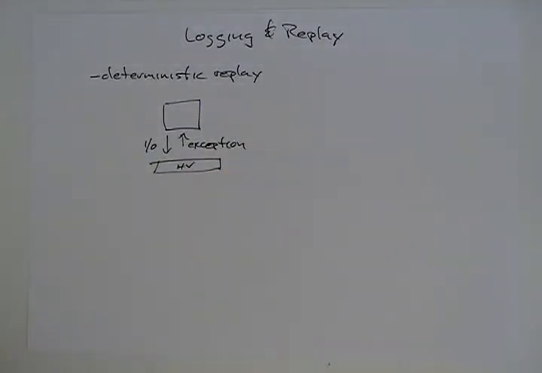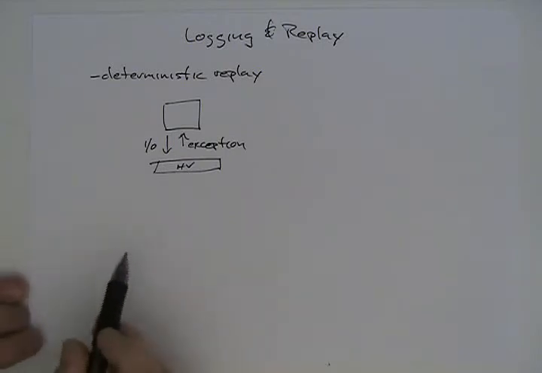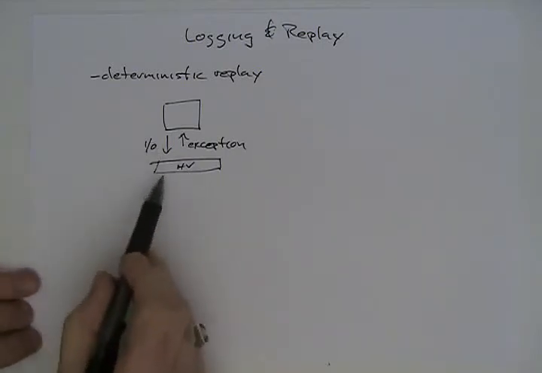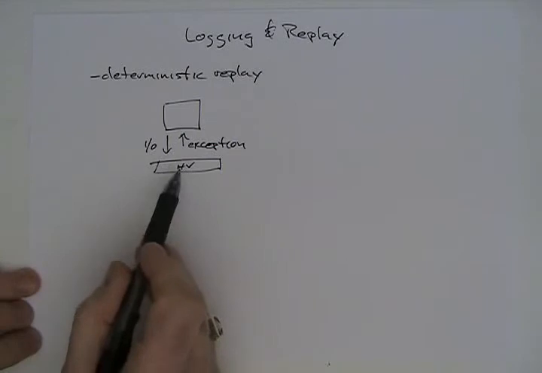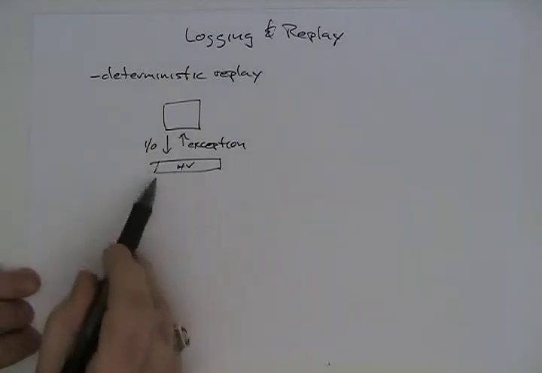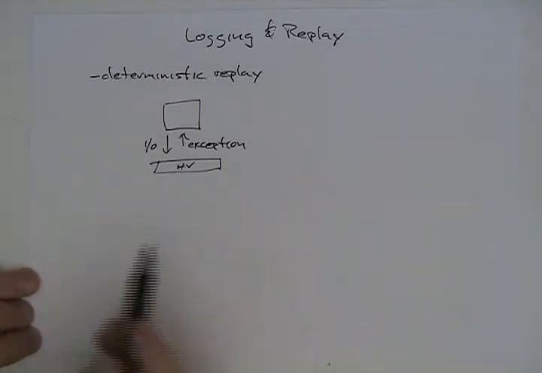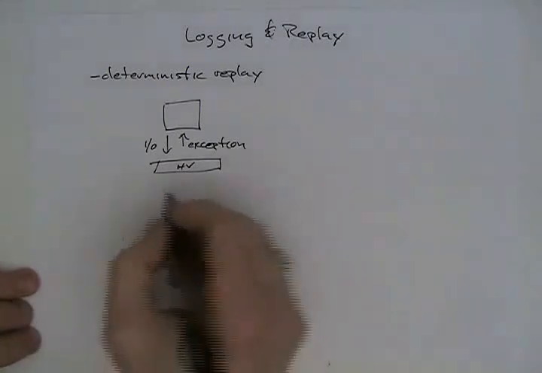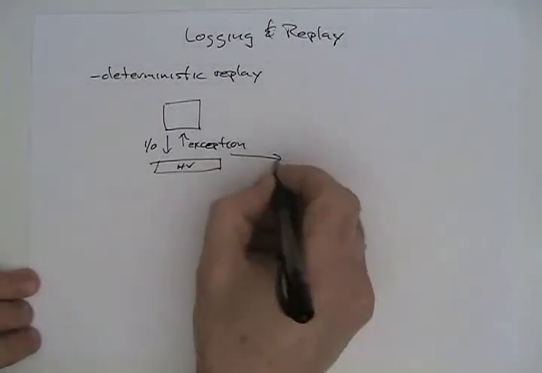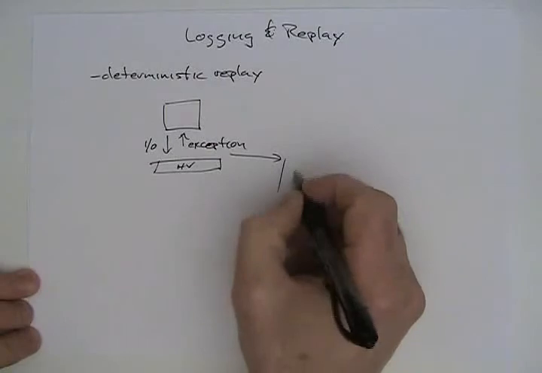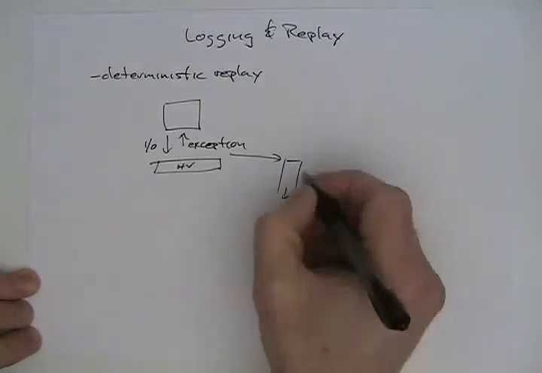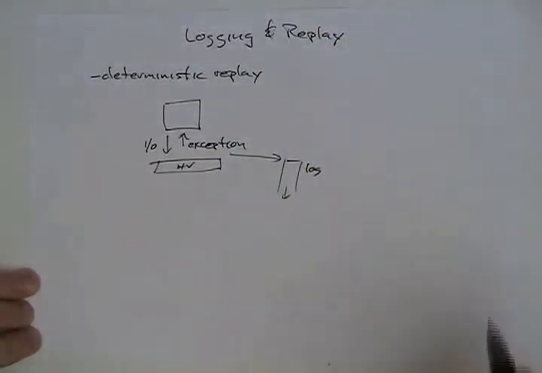And if we can record the exact time at which each of these happen and the data that was carried in these I/O requests, for instance, then we can basically create a log of this information.